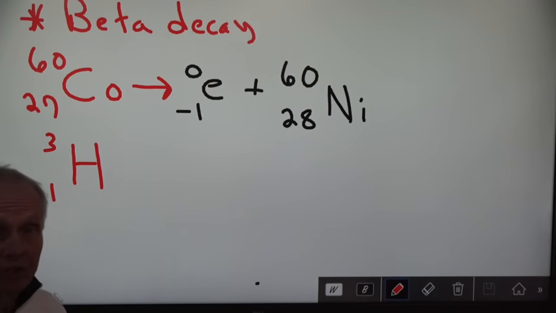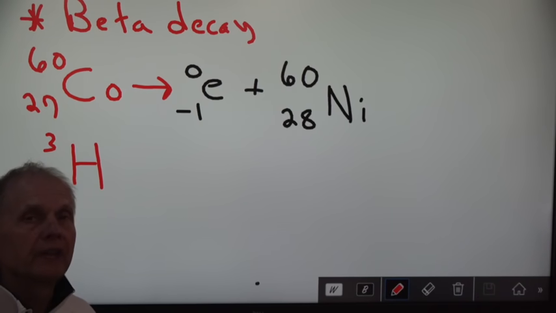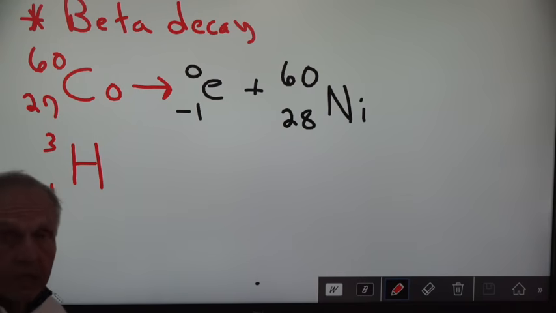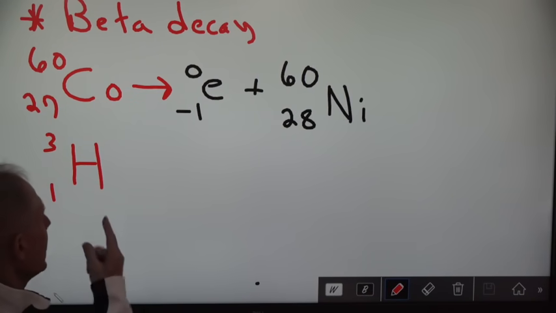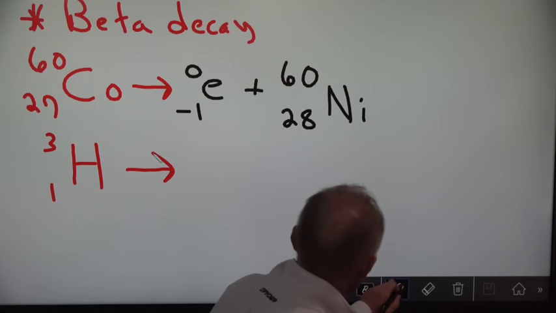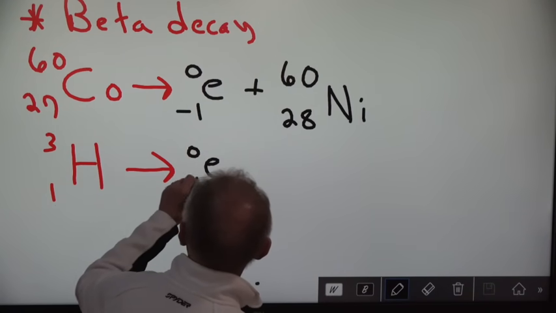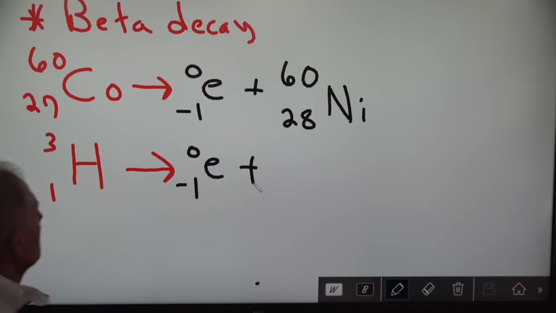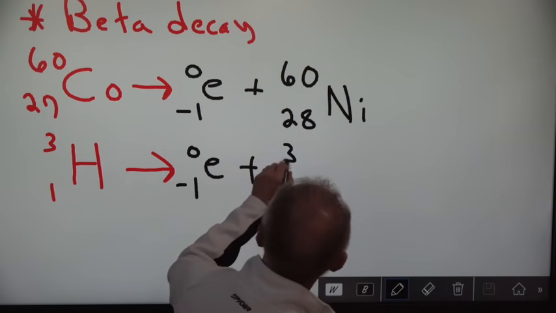Remember, at the beginning of this lecture, I gave you 3 isotopes of hydrogen, and I said that one, H3, is radioactive. So that spits out a beta particle. So let's see what's left. We're going to have 3 there, that's 0, so 3 mass.